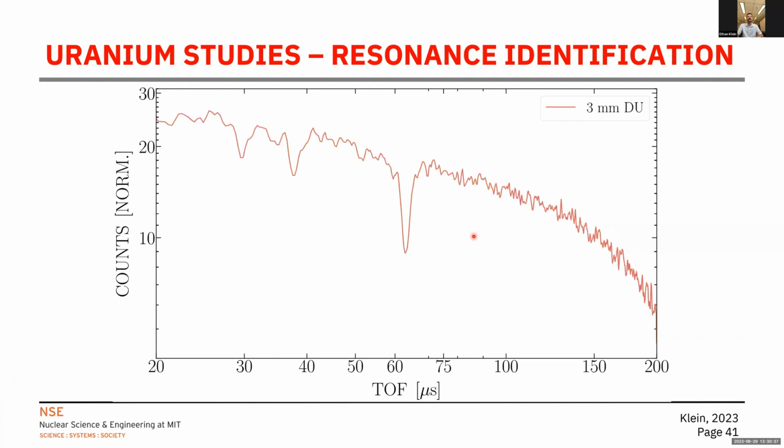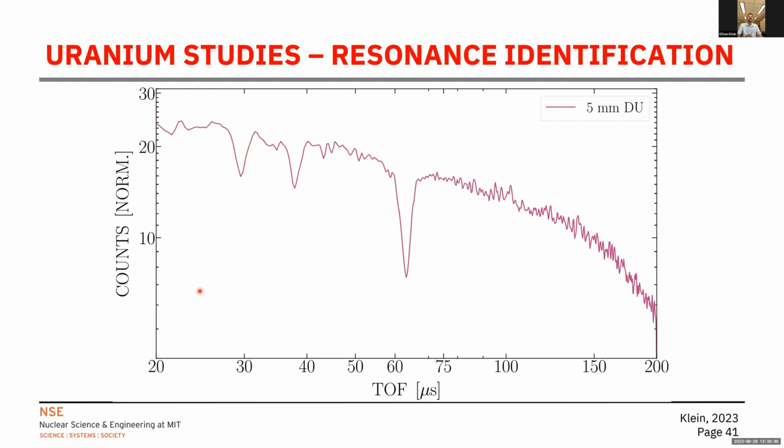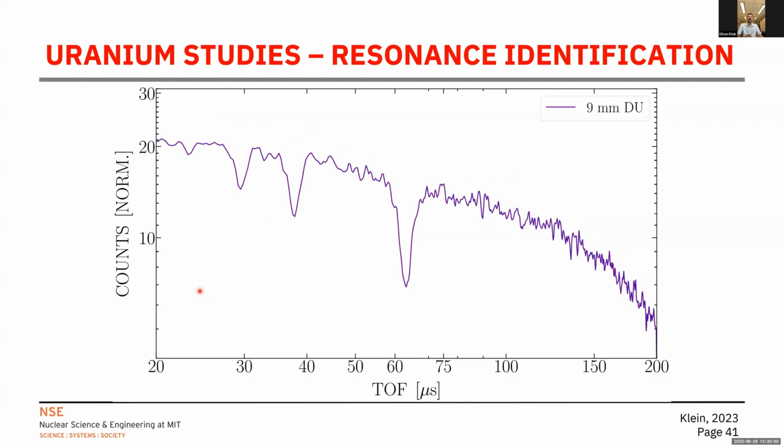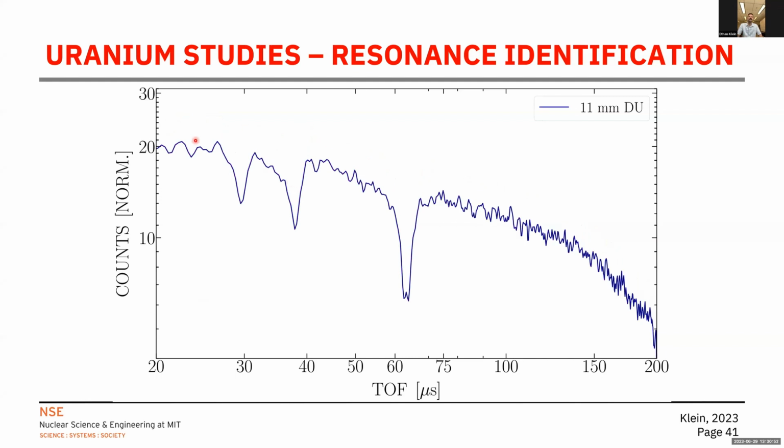You can see for 3 millimeters, we still see that one dip, and now we can start to make out these two dips at higher energies corresponding to lower times of flight. And as we keep adding, we see that those dips keep getting stronger and stronger. And we also see an increased attenuation at the off resonance energies. So here, for just over a centimeter of depleted uranium, you see these three really sharp resonances standing out to us.